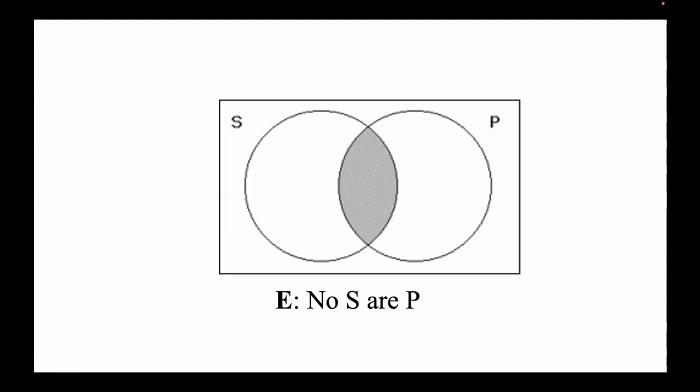The second categorical form is the E form. Remember, the E form says that no S are P. And as you can see, if I want to diagram exactly an E statement, no bananas are yellow, I have to shade in area 2, logical area 2, because remember that logical area 2 is the one that contains members of the subject.